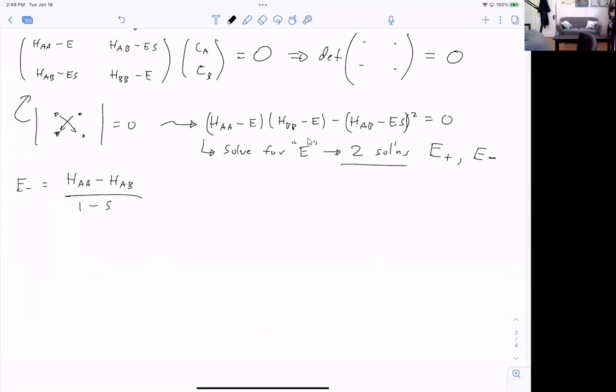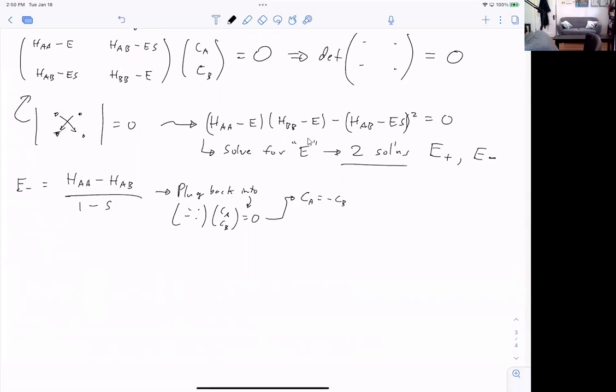Then if I plug that back into the matrix equation, C A, C B equals 0, I can solve for C A and C B, and I can see that C A equals minus C B, and that's easy to do.